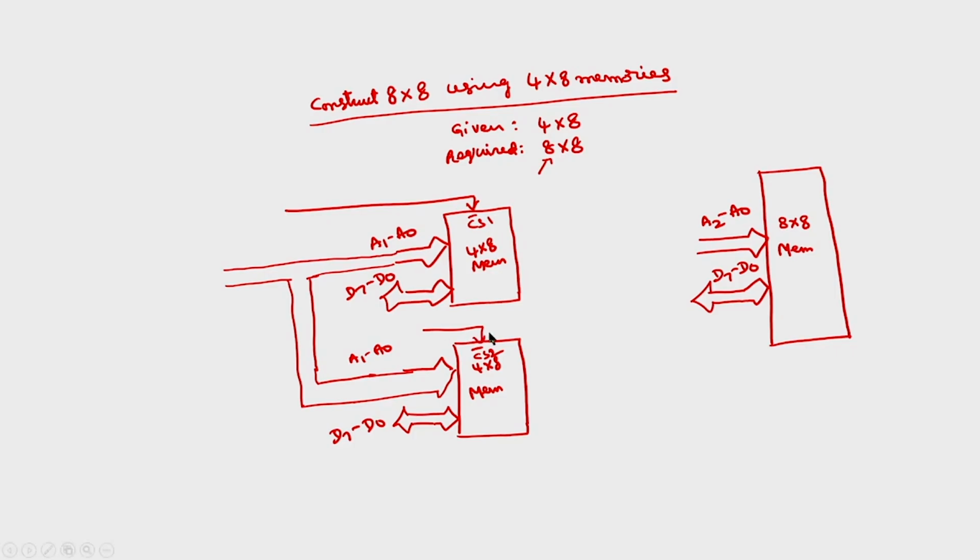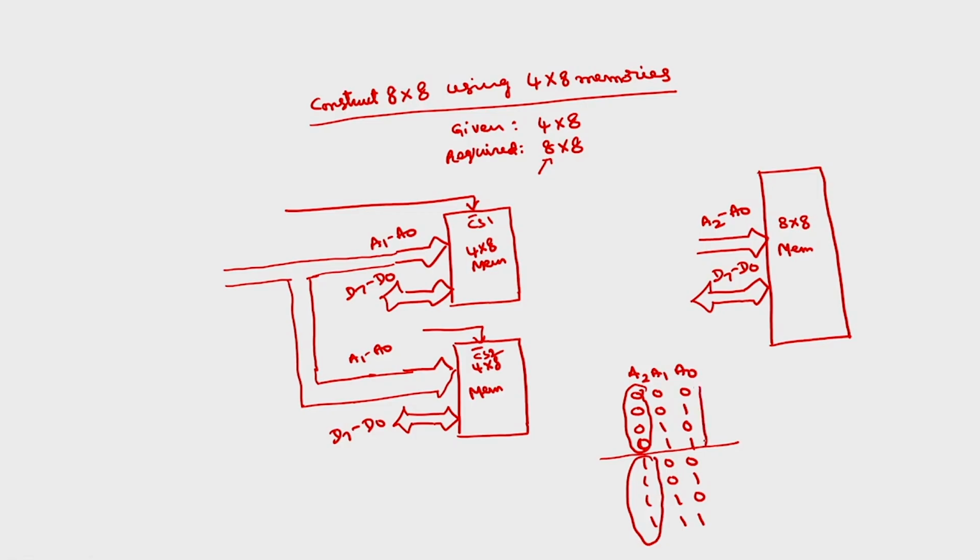Now, this has only one extra address line, which is A2. If I take all the 8 combinations of A2, A1, A0: 0 0 0, 0 0 1, 0 1 0, 0 1 1, 1 0 0, 1 0 1, 1 1 0, 1 1 1. So, in the first 4 combinations A2 is 0, in the next A2 is 1, whereas A1 A0 varies from 0 0 to 1 1 in each.